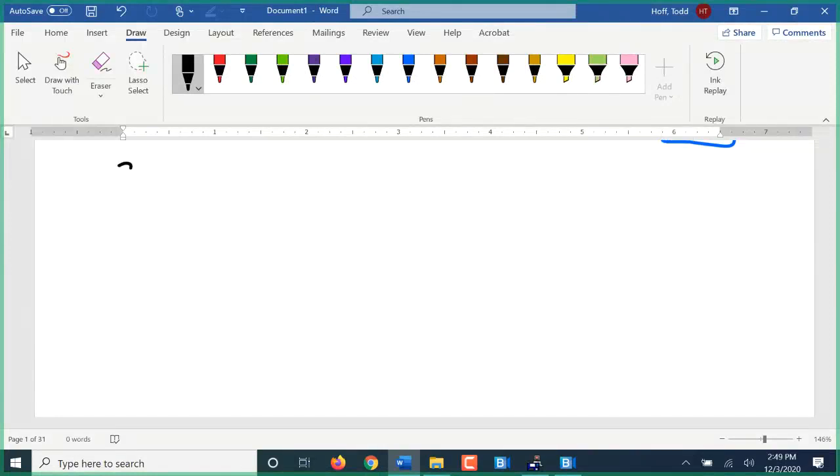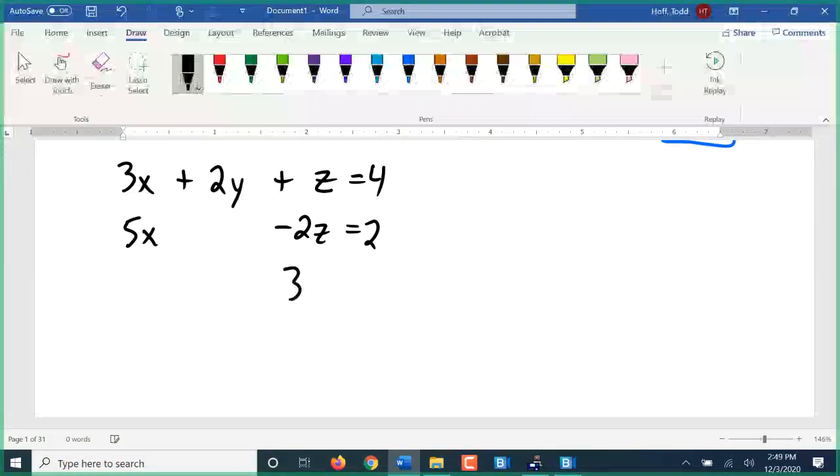It looked like this. Realistically, it would be silly to solve this one with the addition method because it's set up to do substitution.